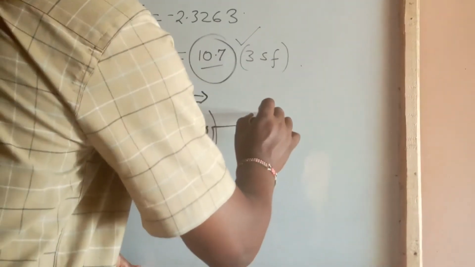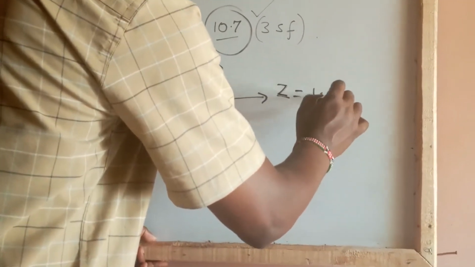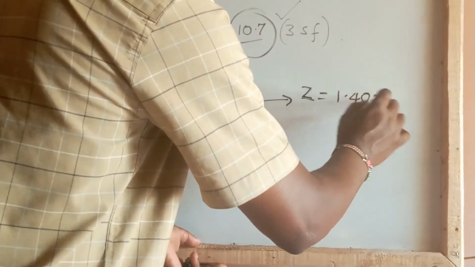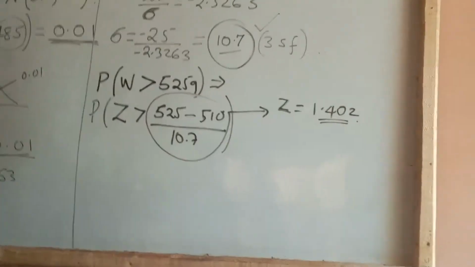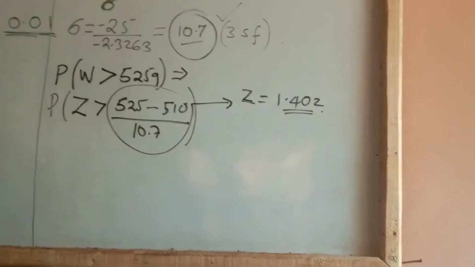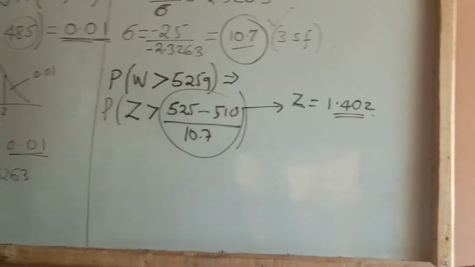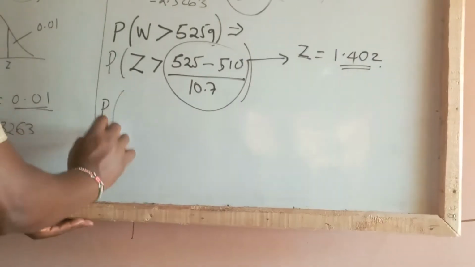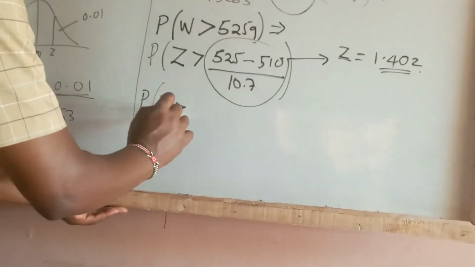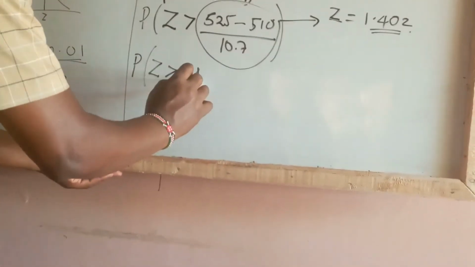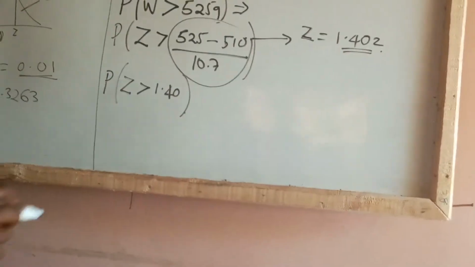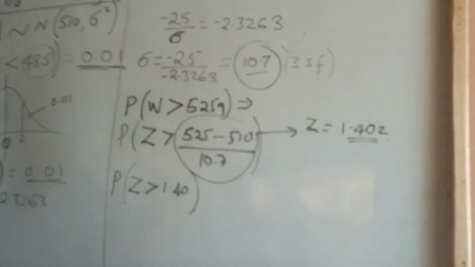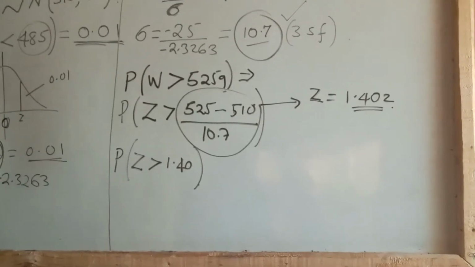So our small z here, or rather our boundary, is 1.402. If this is our boundary, then we're going to look at the probability of a region Z greater than 1.40, because from the table we may not have this accuracy.